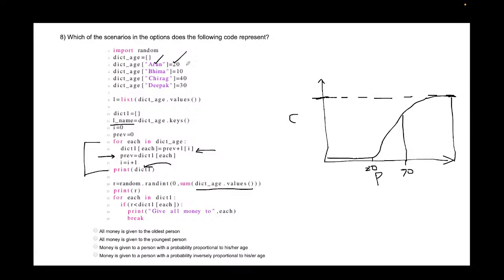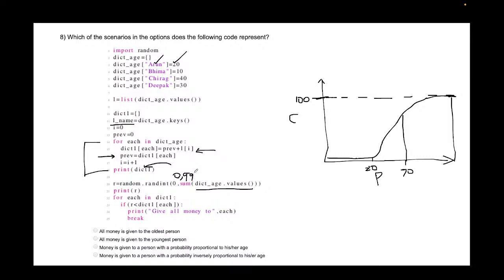So let's calculate that. 20, 30, 100. So that is the 100 total sum. Over here the random number is generated between 0 and 100 minus 1, 99.